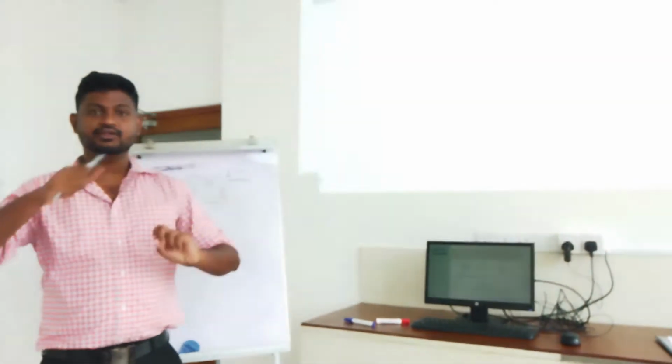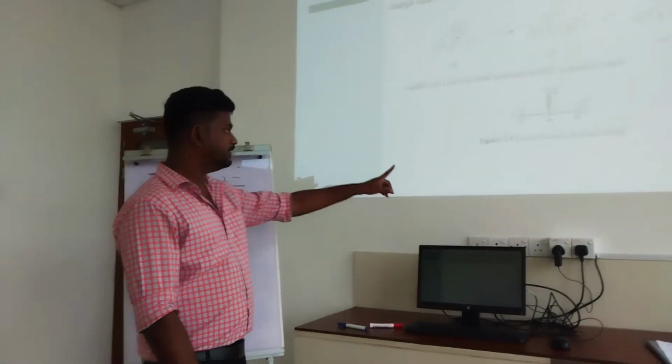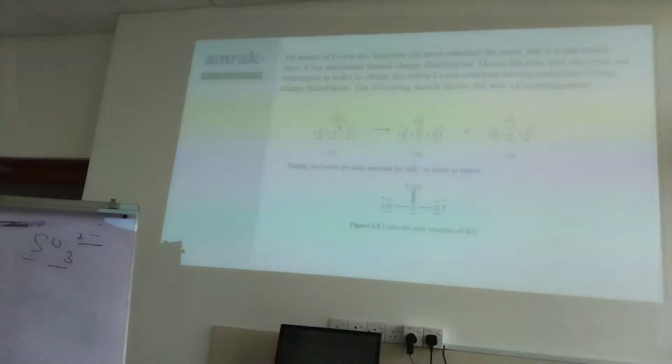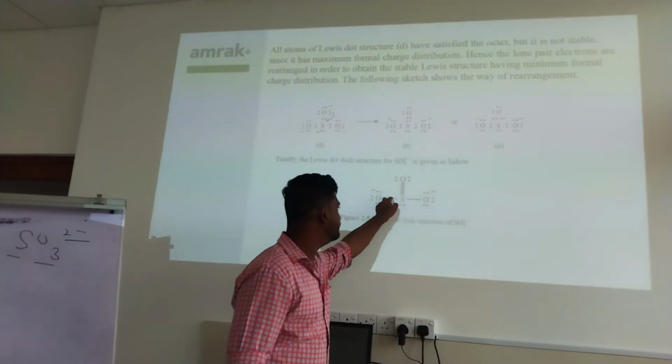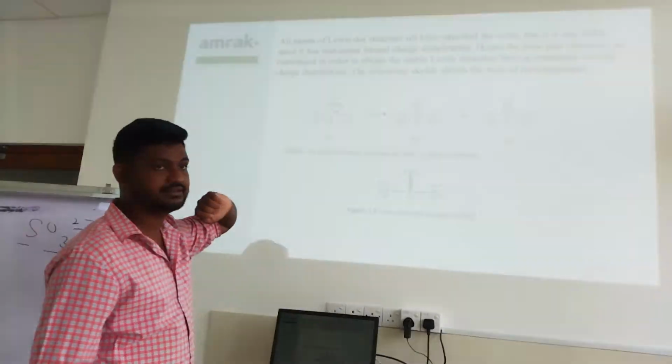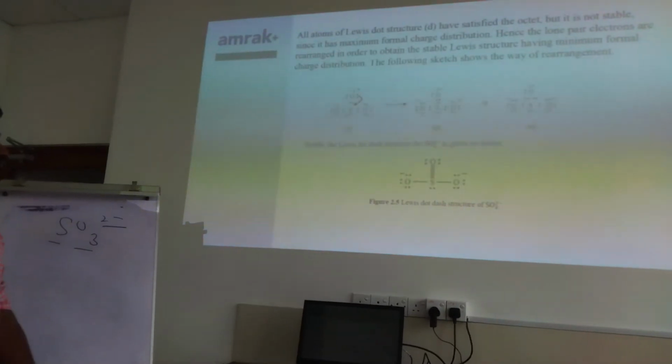So we have to put one double bond in order to make the compound stable. The same will happen here also. So see, one double bond, 2 single bonds. So they distribute the charges, right? So this structure is comparatively more stable than the above.